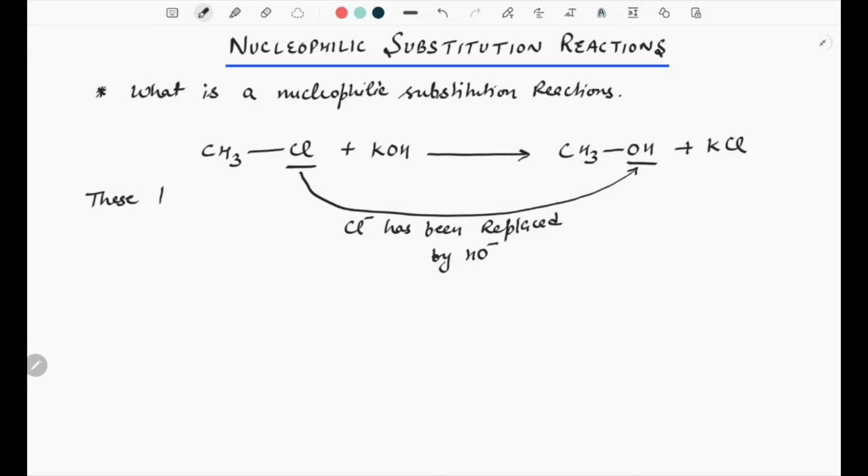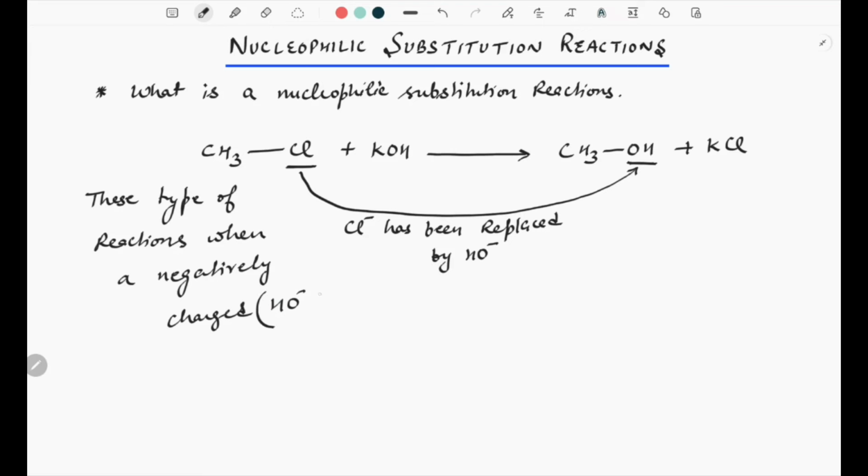So these types of reactions, when a negatively charged hydroxide, in this case the nucleophile, replaces the leaving group, what is the leaving group now? It is chlorine negative.